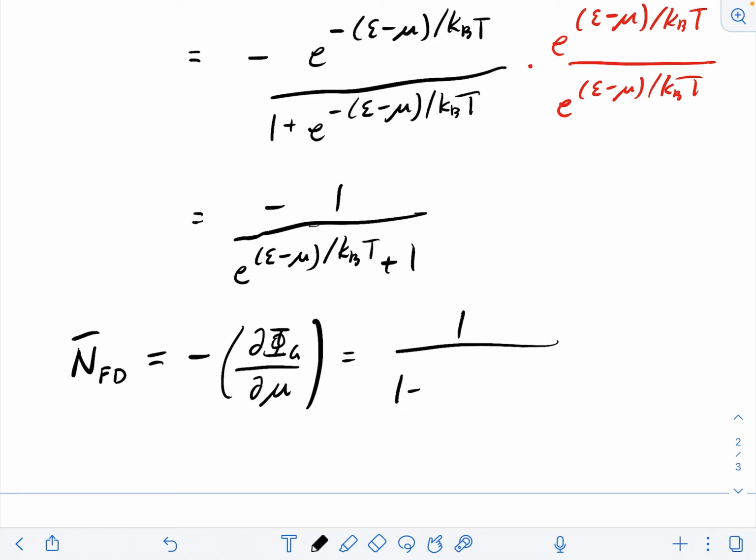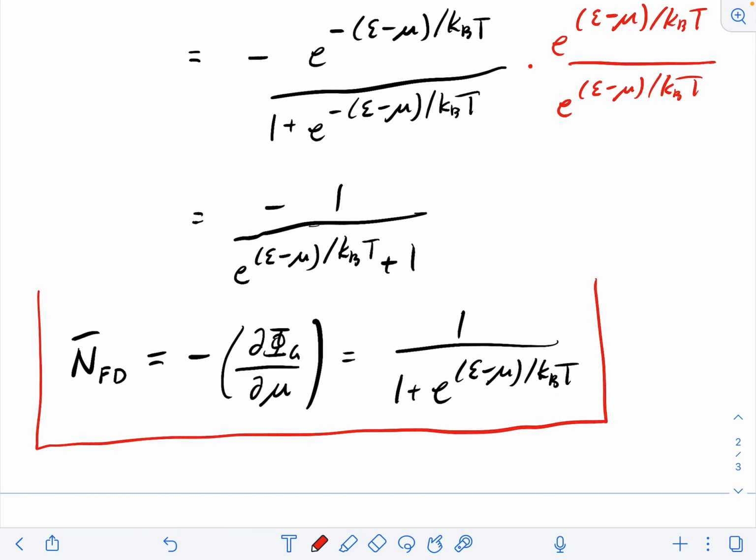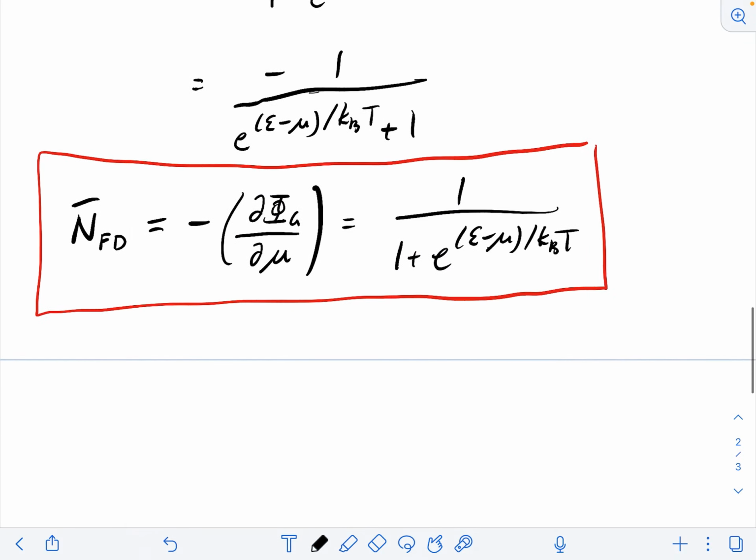This is 1 over e to the (epsilon minus mu) over kBT plus 1. And this is our Fermi-Dirac distribution function, which we've used before, and now we have calculated from first principles.